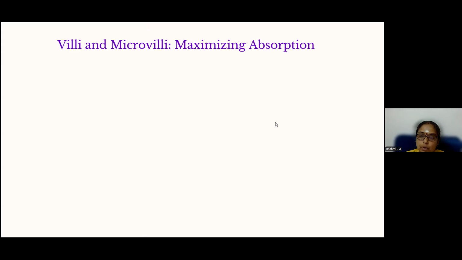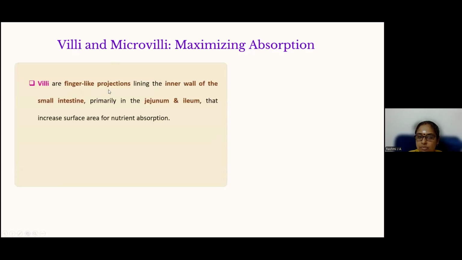This is very important because how the absorption happens in the whole small intestine is because of two things, villi and microvilli. The villi are finger-like projections in the inner wall of the small intestine, primarily in the middle and the last portion. In the first portion, the duodenum, we have seen that bile is entering and fat digestion is happening.